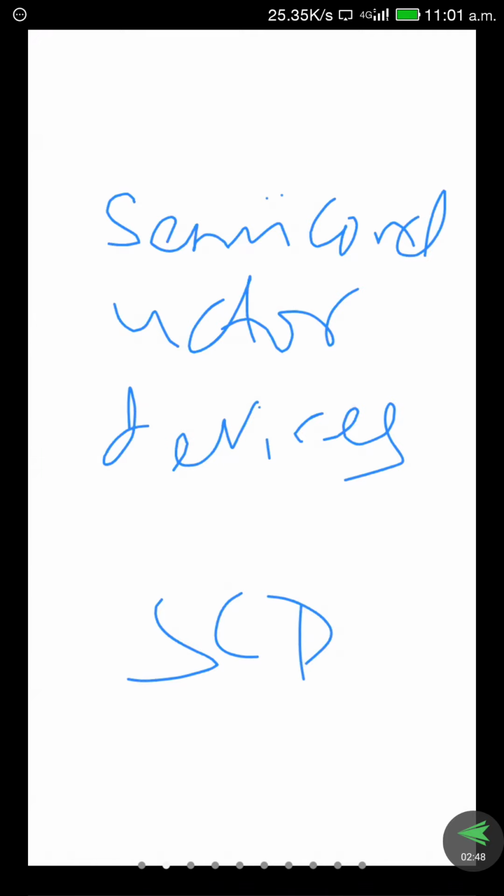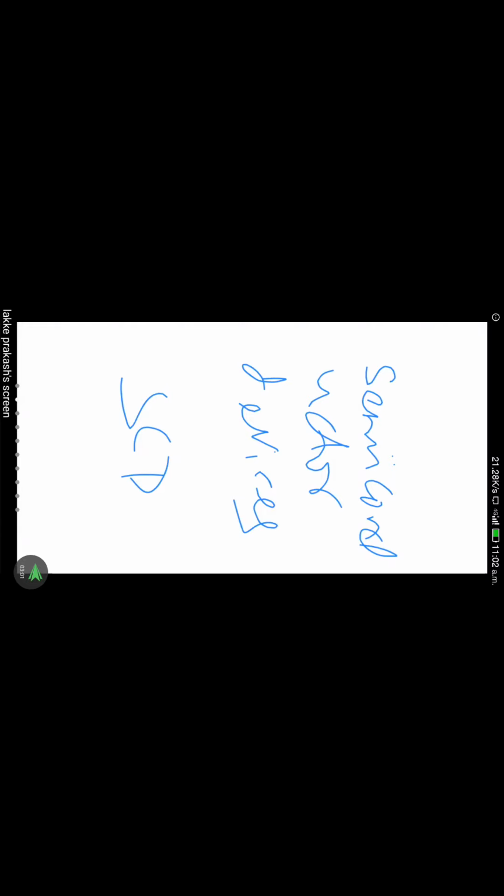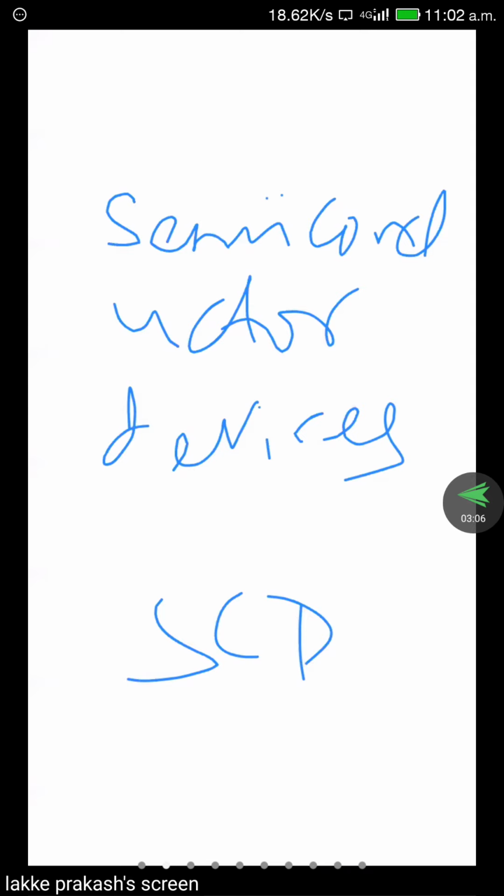Any electronic component is designed by using semiconductor materials. For example, in your CPU, central processing unit, we have the motherboard. That motherboard chip is designed by using semiconductor materials. Whatever chip you think of, each and every chip is designed with semiconductor materials. So that is the importance of semiconductors.